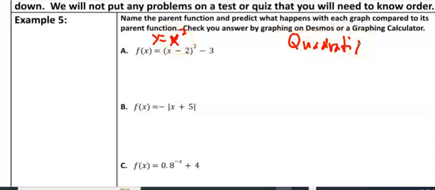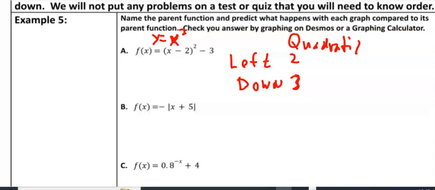So this one here is going to be shifted which way? Left 2, correct? And which? Down. And down 3. You could plug it in Desmos and see the same thing, couldn't you? Correct? Quadratic looks like a what? U-shaped graph, correct? U-shaped graph.